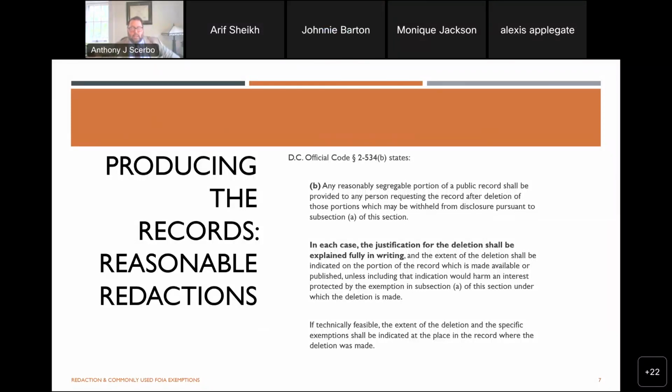And the extent of the deletion has to be shown on that portion of the record that is provided to the complainant or the requester, unless indicating that would harm one of the interests protected by the exemption. So, where technically feasible, the extent of deletion and the specific exemptions should be shown right there at the place in the record where the deletion, redaction, blacking out was done.